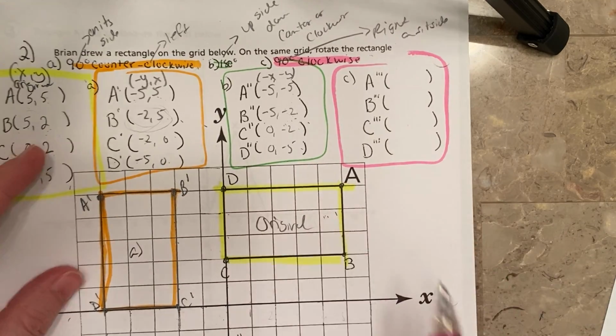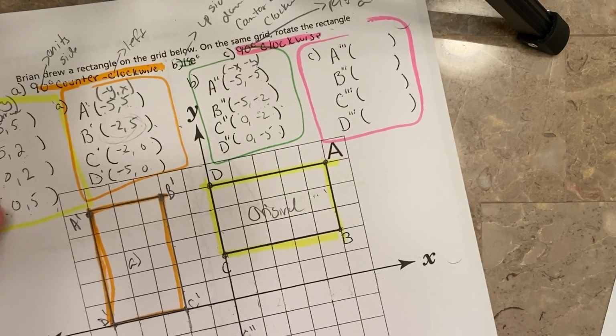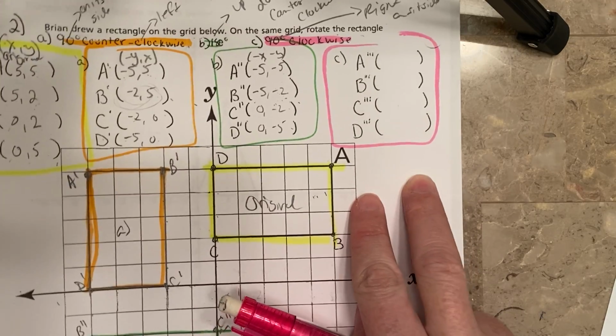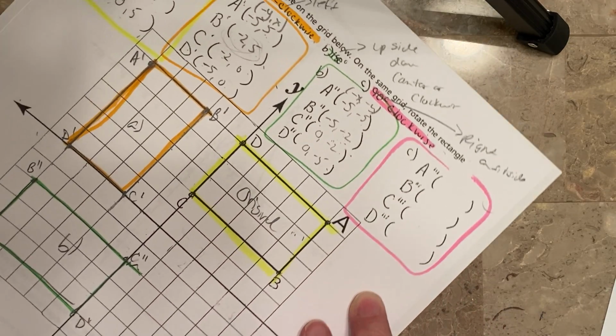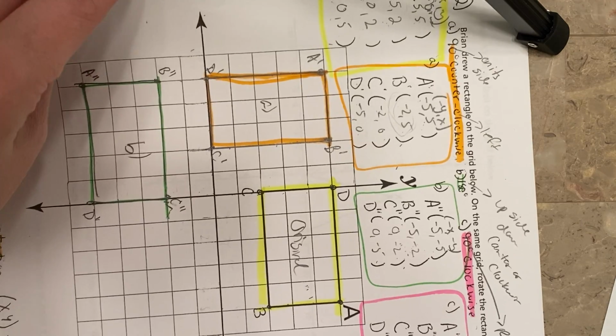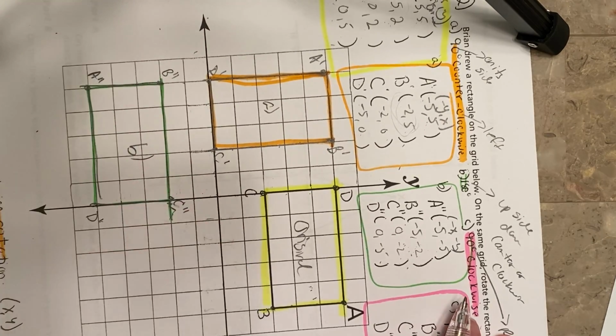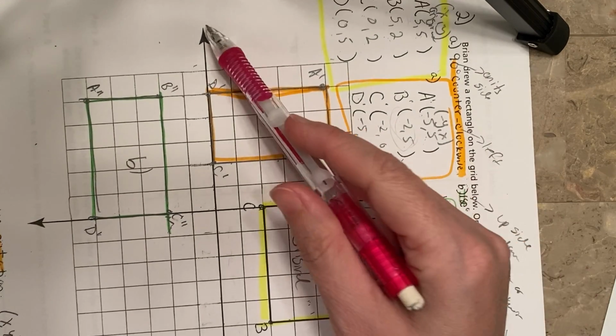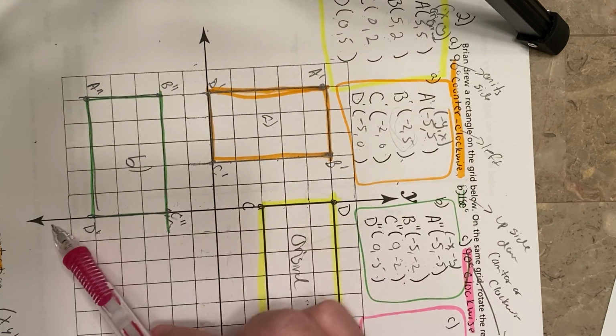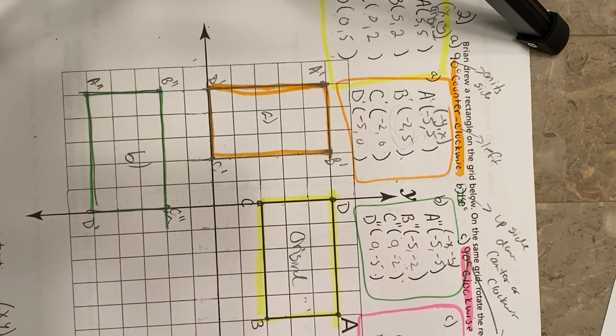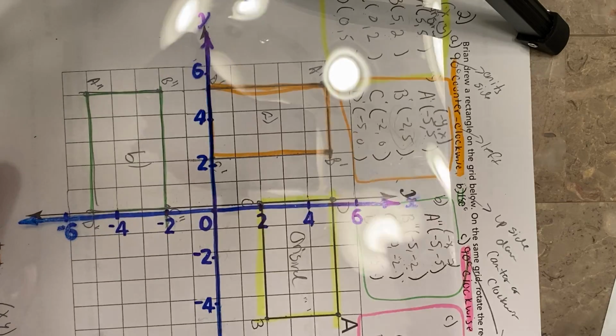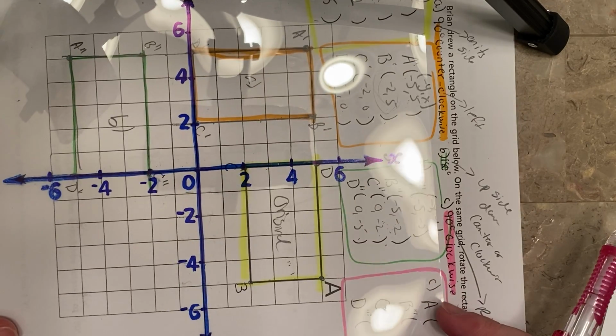Keep focusing on the original. So we're going to turn it to the right. That's that way. To the right and on its side. So now you have to imagine this is your x, this is your y, positive, negative, positive, negative. Again, I'll use my manipulative to help you out.